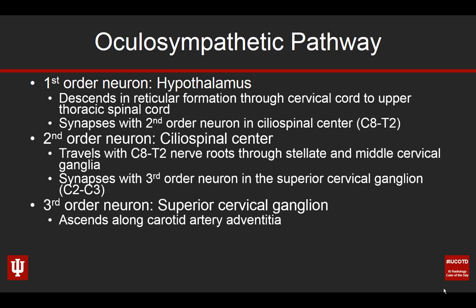So once we've had that second synapse, we are entering our third order neuron, where that synapse is in the region of the superior cervical ganglion, and that's going to ascend in the carotid artery adventitia.